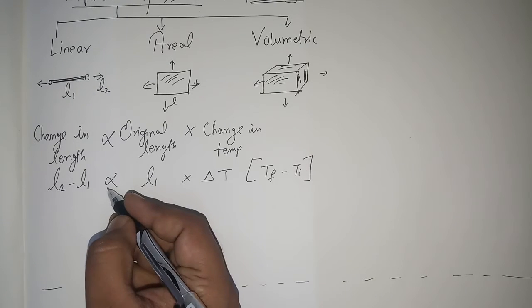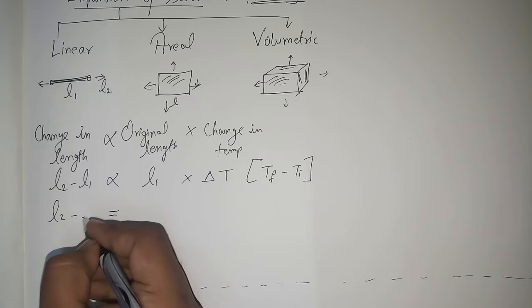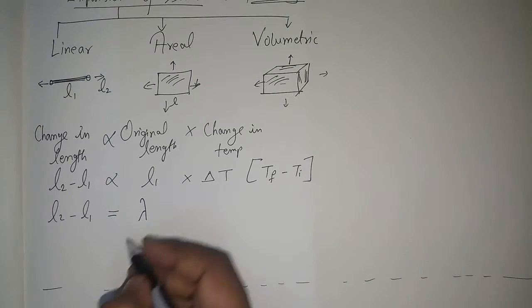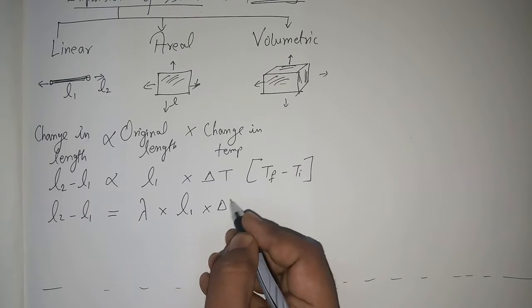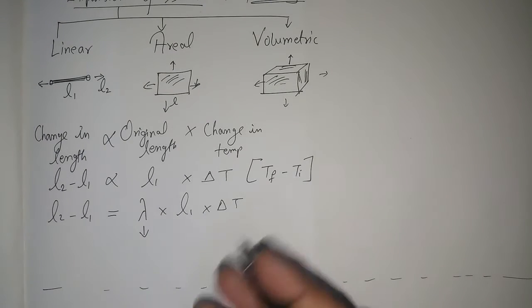Whenever we change the proportional sign to an equal sign, we put a constant. Constant means any number.